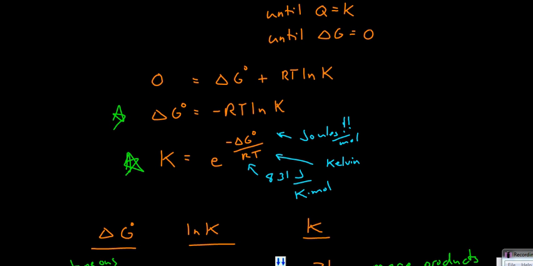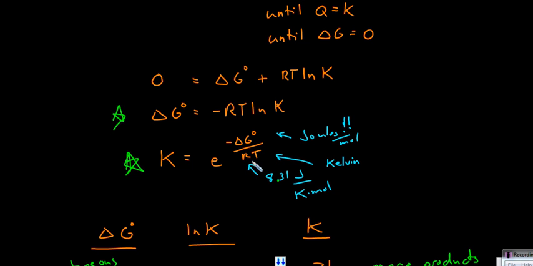Now, please mind you that R is your gas constant. It's 8.31 kilopascal liters per mole Kelvin, but also it's 0.0821 liters times atmospheres over moles Kelvin. However, R can also be 8.31 joules per Kelvin mole.